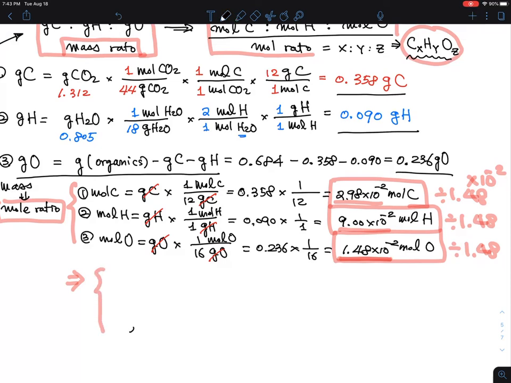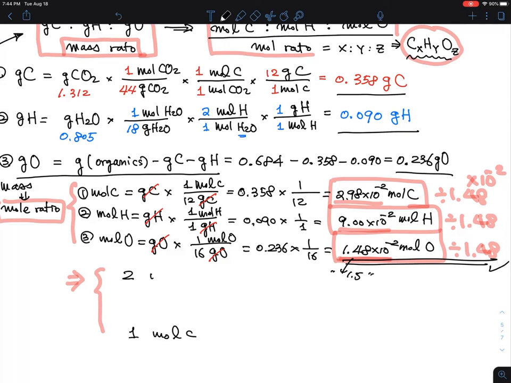This is like 1 mole of oxygen, because that's the smallest one, and then this one becomes double, almost 2. This is almost 3, and this is almost like 1.5, quote unquote.